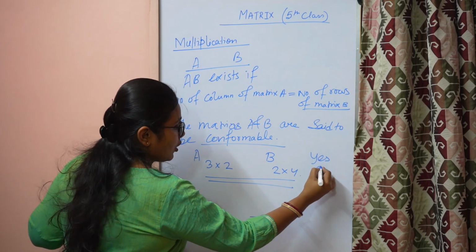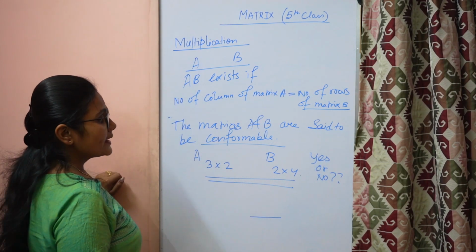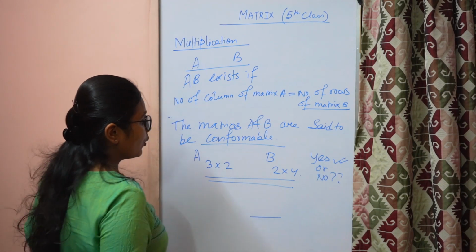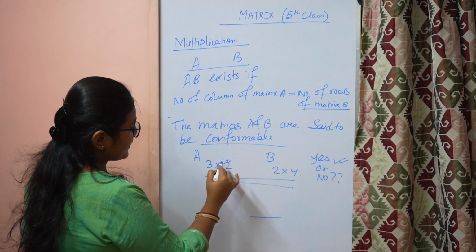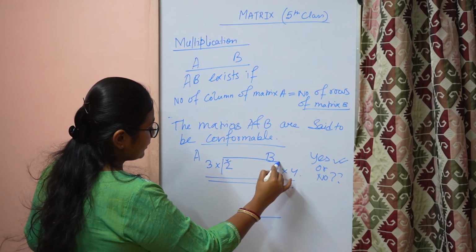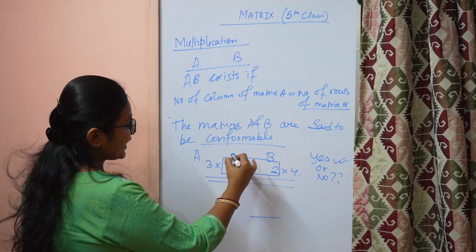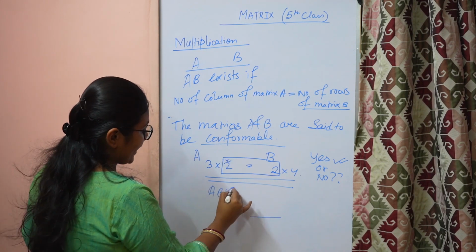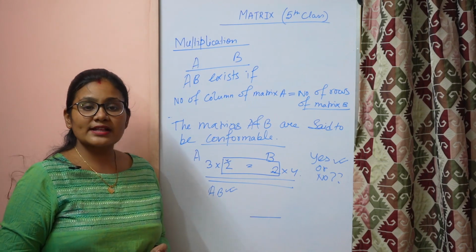Yes, it exists. Why? Because the columns of the first matrix are 2 and the rows of the second matrix are 2. They are equal, so the product of these two matrices exists.